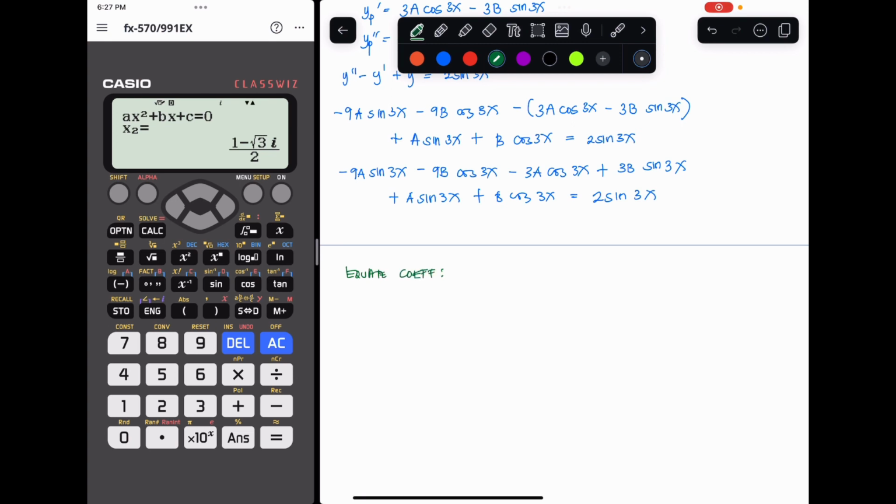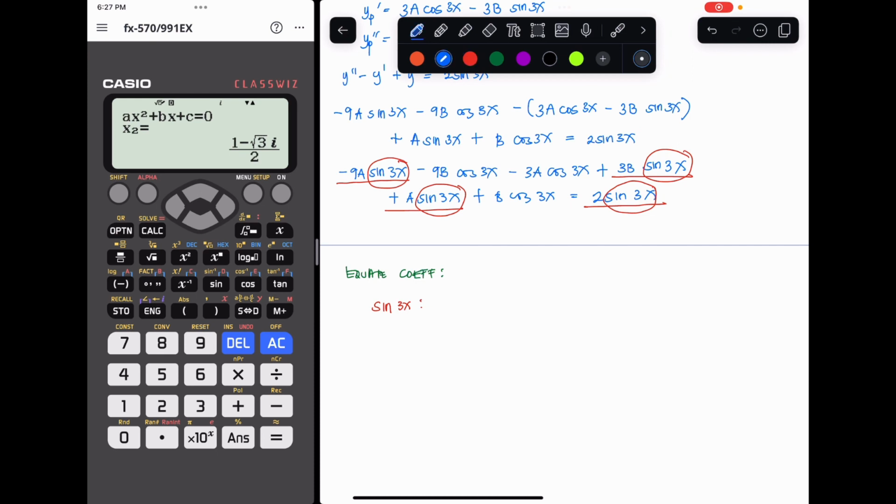So we equate coefficients. We start with sine 3x, so all the terms that involve sine 3x are these. This is sine 3x, this is sine 3x, this is sine 3x, and this is sine 3x.